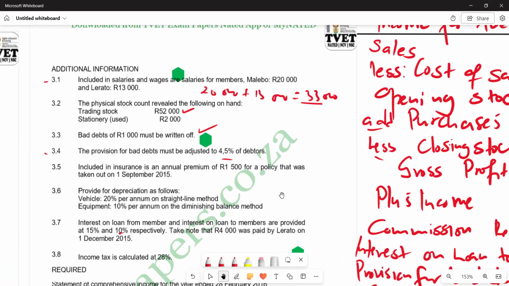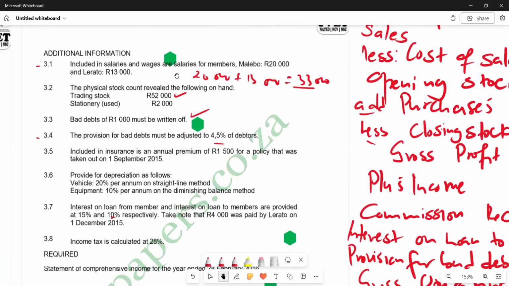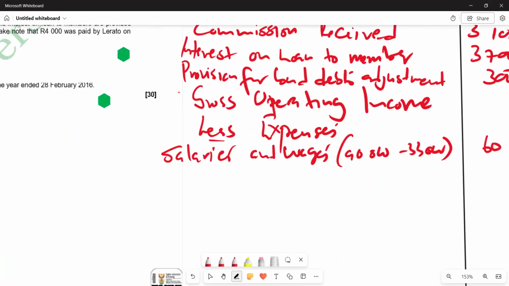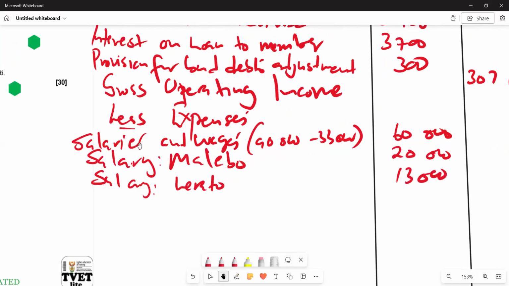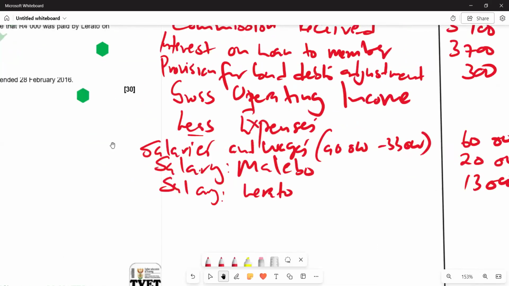So we can just indicate it as such. So you're saying salary Malebo is 20,000, and we also put salary Renato 13,000. So this is what we have according to the instruction that we are given there.